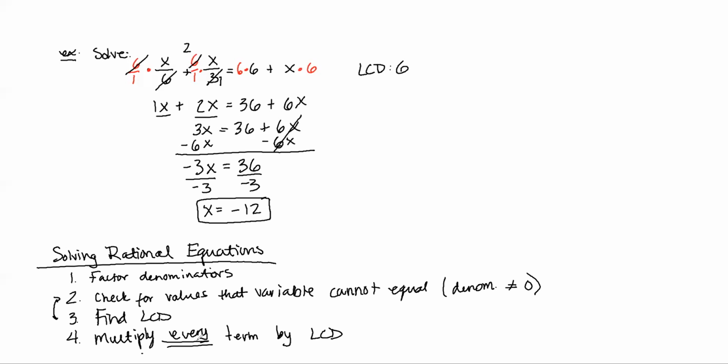All right, so let's go ahead and try a couple of examples here. And so we're told to solve. Because they're equations, we can find what x is equal to.